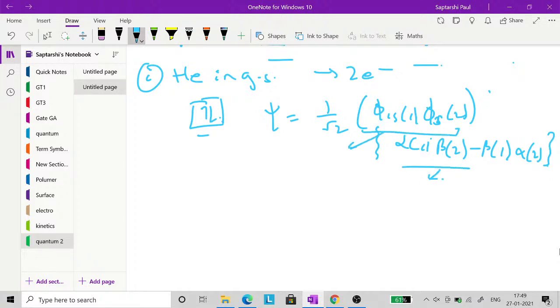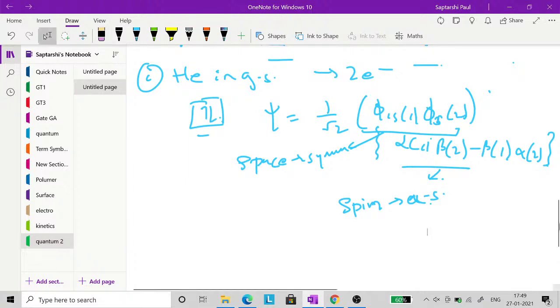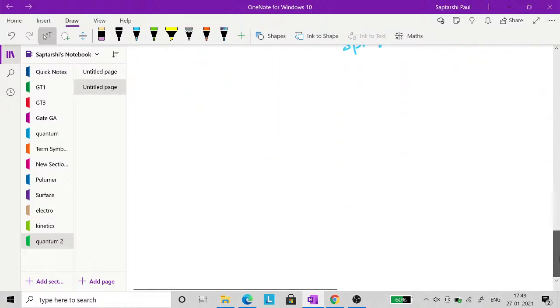The main thing to note is that the space part is symmetric and the spin part is antisymmetric. Okay, so this is the case.